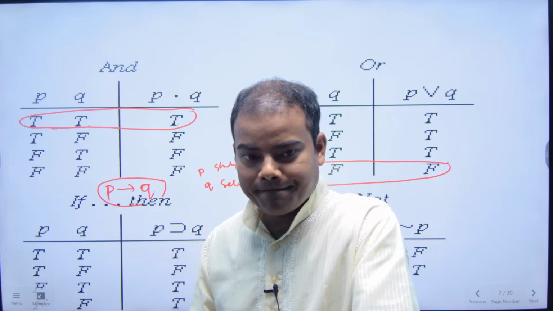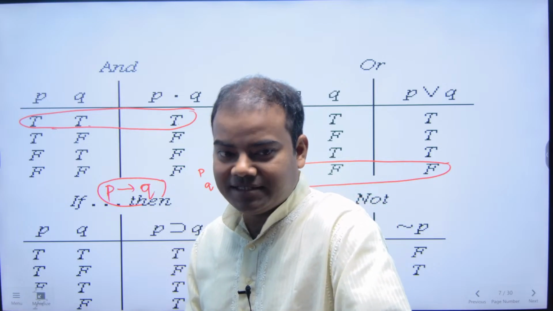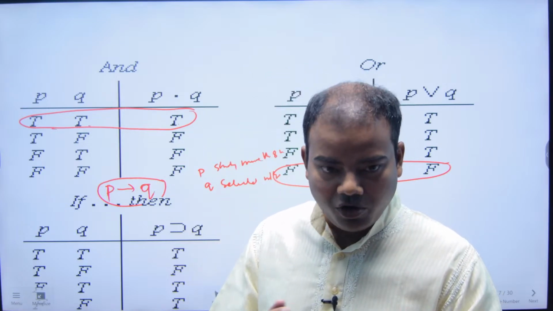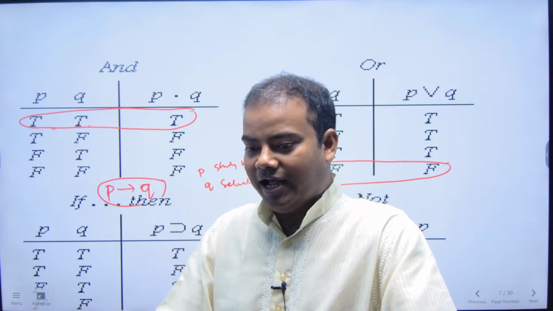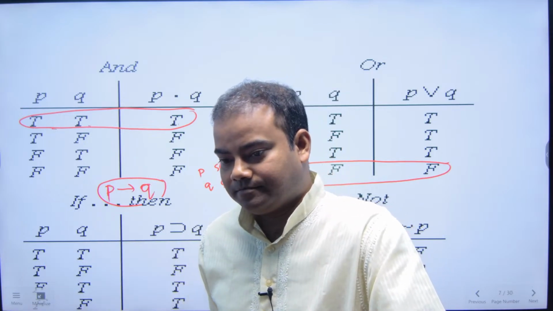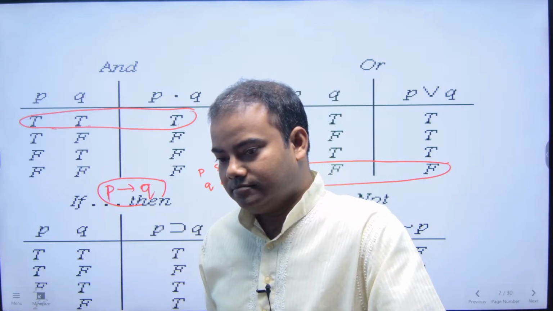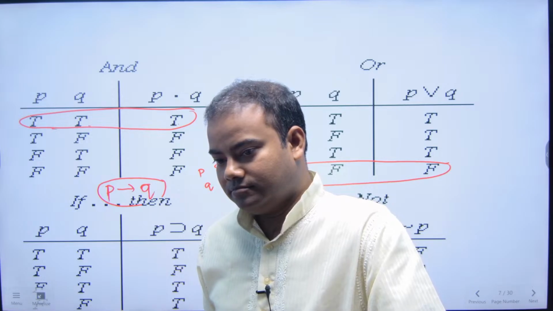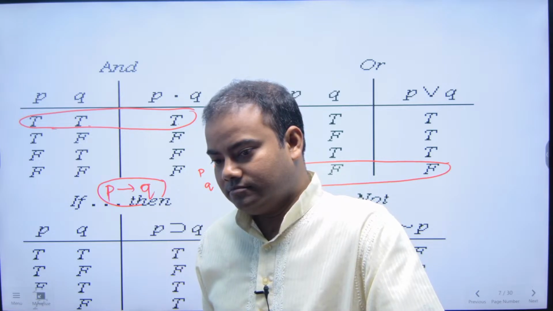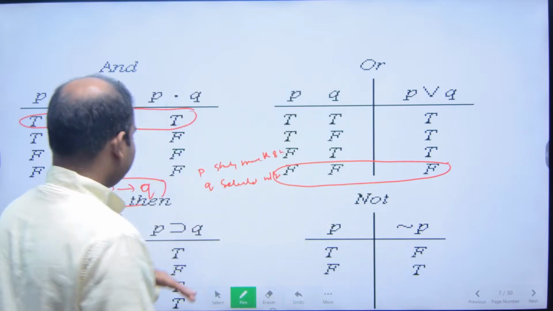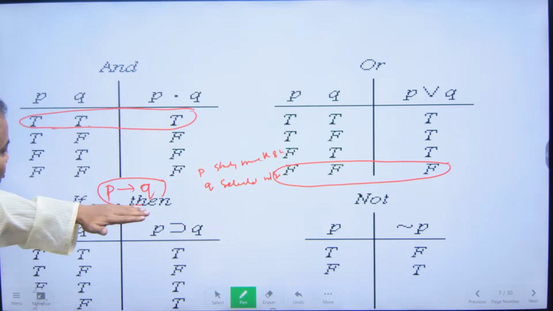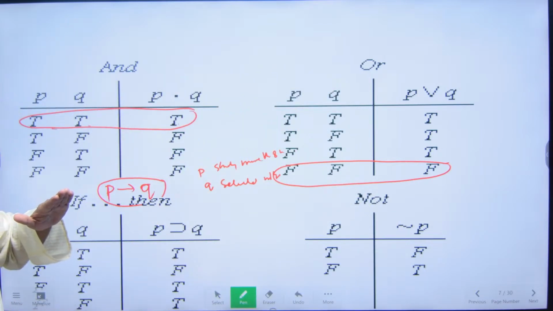Not P is given, means P is false, and if P then Q is given. Okay, what is the truth value of if P then Q?